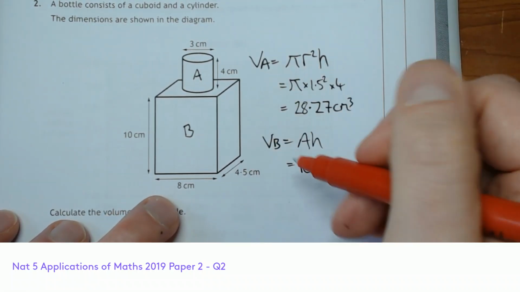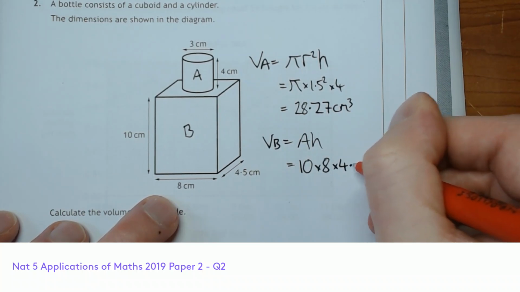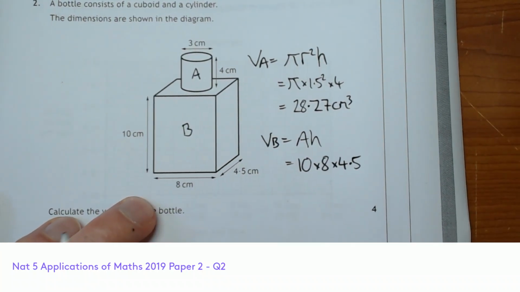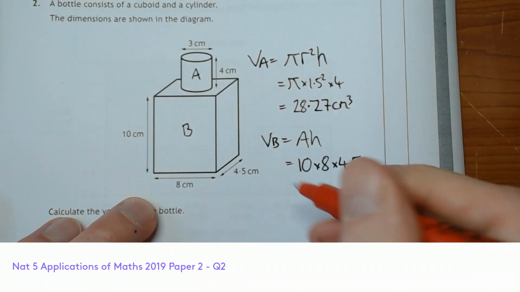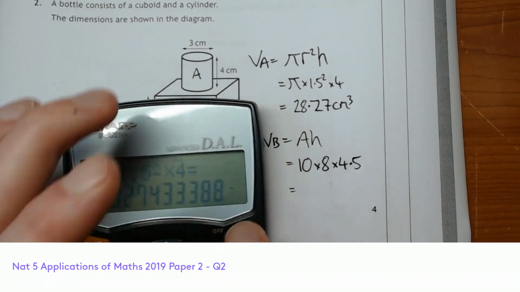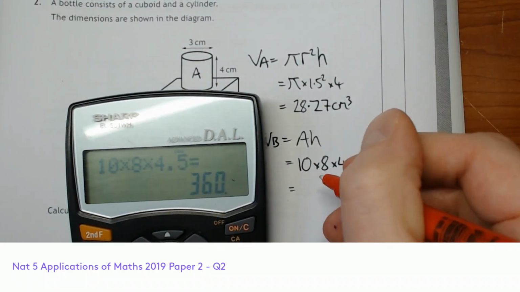And then we're going to times it by 4.5. So essentially we're just multiplying all the three numbers together. Okay, and what happens there is you put that in your calculator. 10 times 8, 10 times 4.5, that's 360.